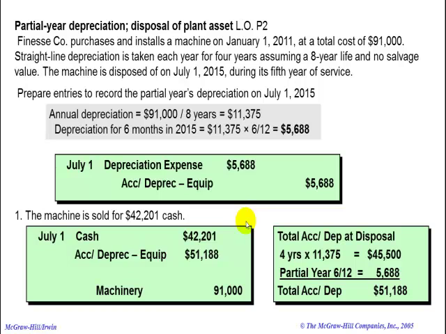That means we have a book value on this machine right now of $39,812, and we received $42,201 for it. So that means we have a gain of $23.89. So again, the difference between the cost and the accumulated depreciation, the book value, is how we determine if there's a gain or loss. We got $42,201 for it, so we have a gain on the sale of $23.89.